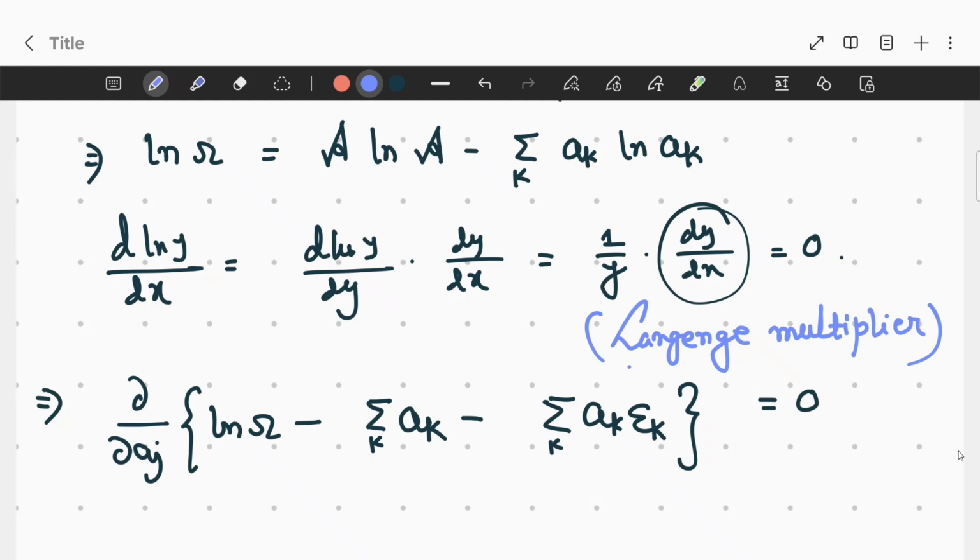But let's say I'm giving a condition that y minus x should be 2, something like that, or y is greater than 5. If you have that kind of condition, then you have to use this method. Any condition you have, we will always subtract the condition.